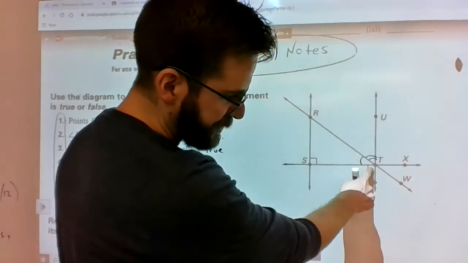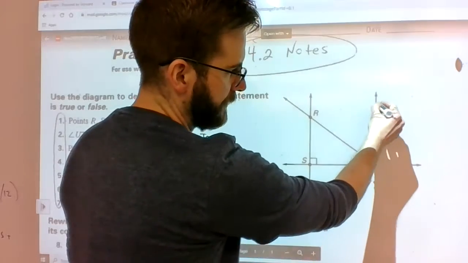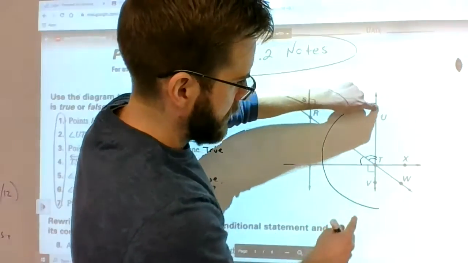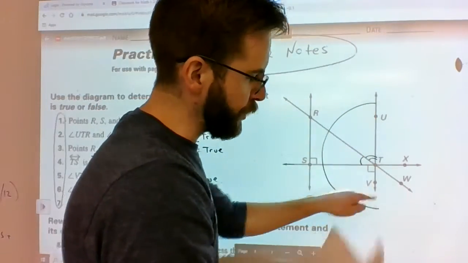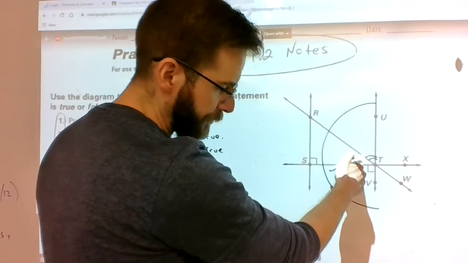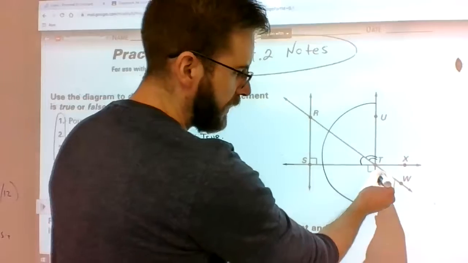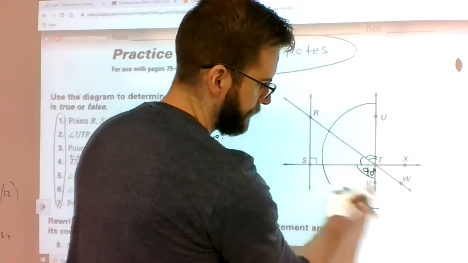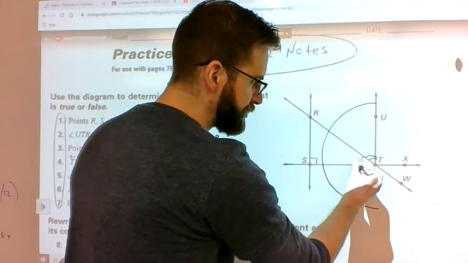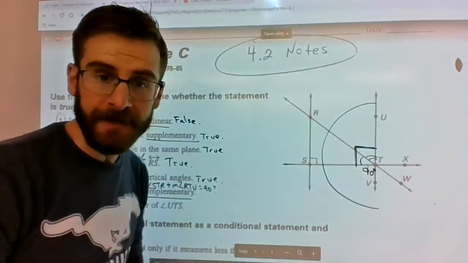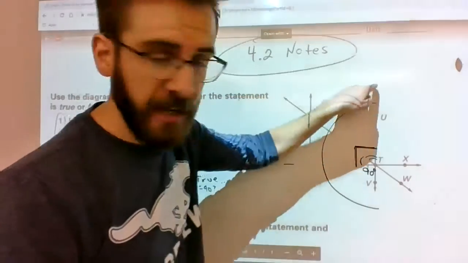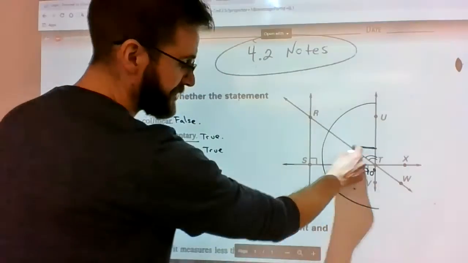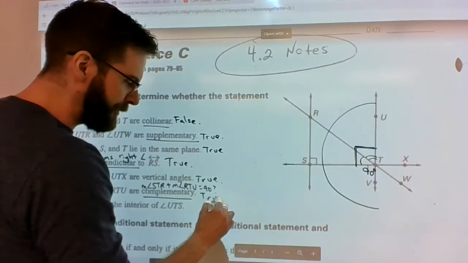Well, because this is a right angle, these three angles add up to 180. So if this angle right here is 90 degrees, then these two angles here also have to add up to 90 degrees because we need the 180 degrees to fill out this dome right here. Do they add up to 90? Yes, they do. Wow. So many true statements.